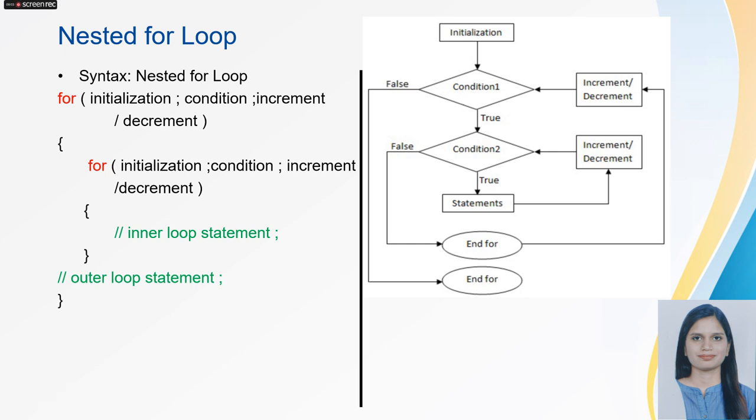If condition 1 is true, then increment or decrement. If the condition is false, then end for loop. Second condition: if true, then increment or decrement and statement. And if the condition is false, then end for.